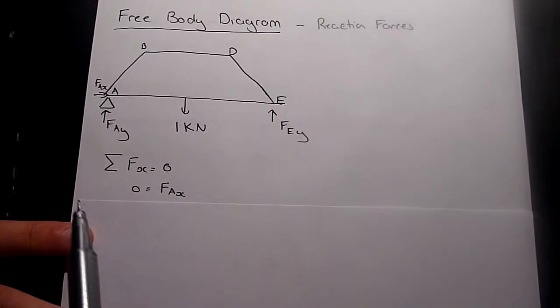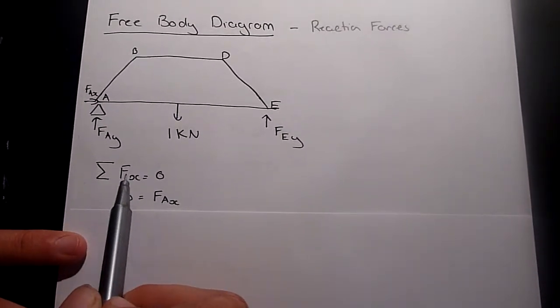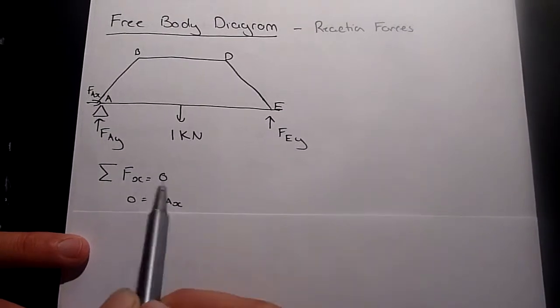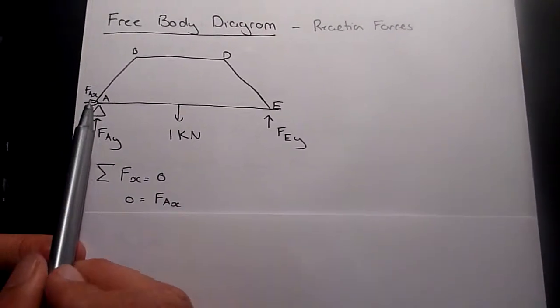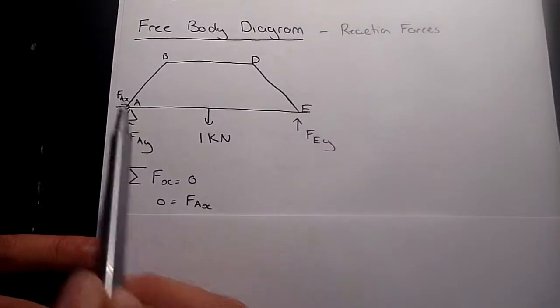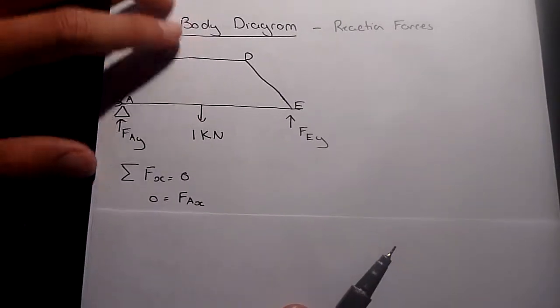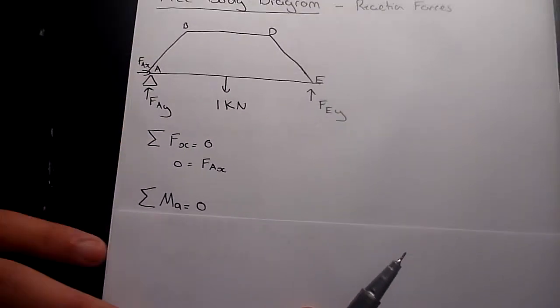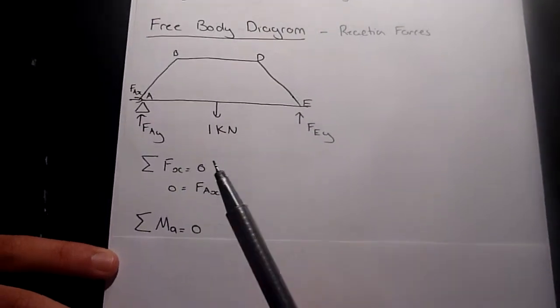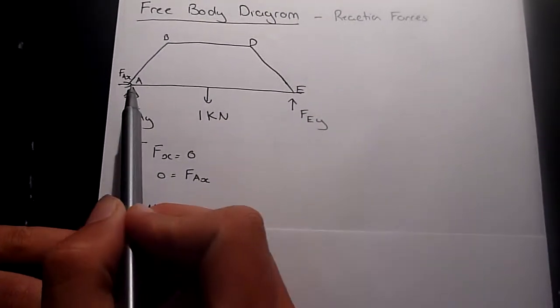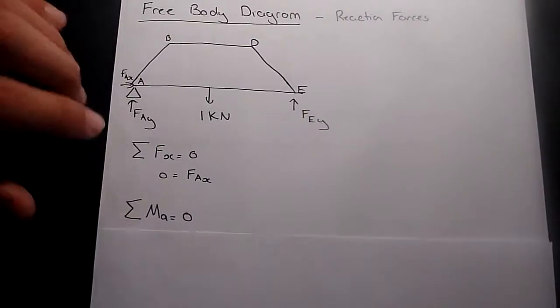First, we solve for Fa of x. The sum of forces in x will always be equal to 0. Because there is only one force in the x direction, Fa of x is 0. Next we have the sum of the moments around point A equals 0.